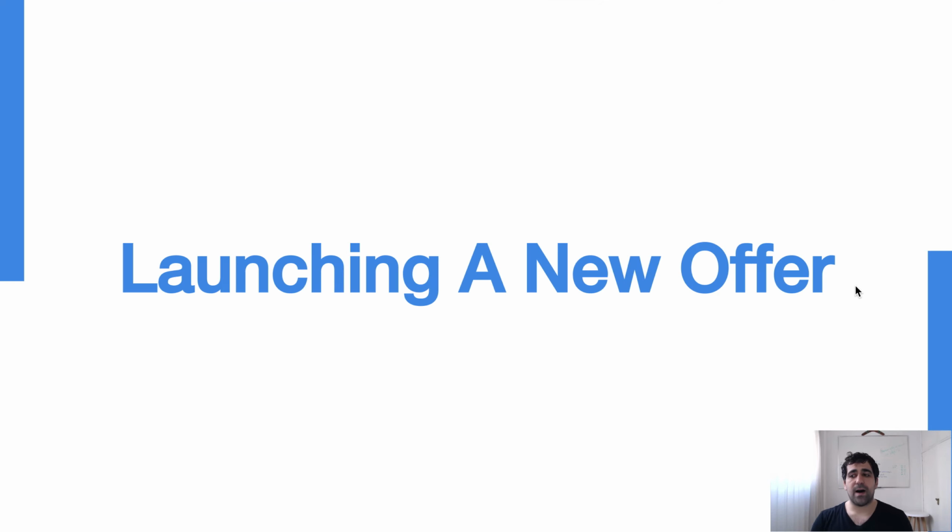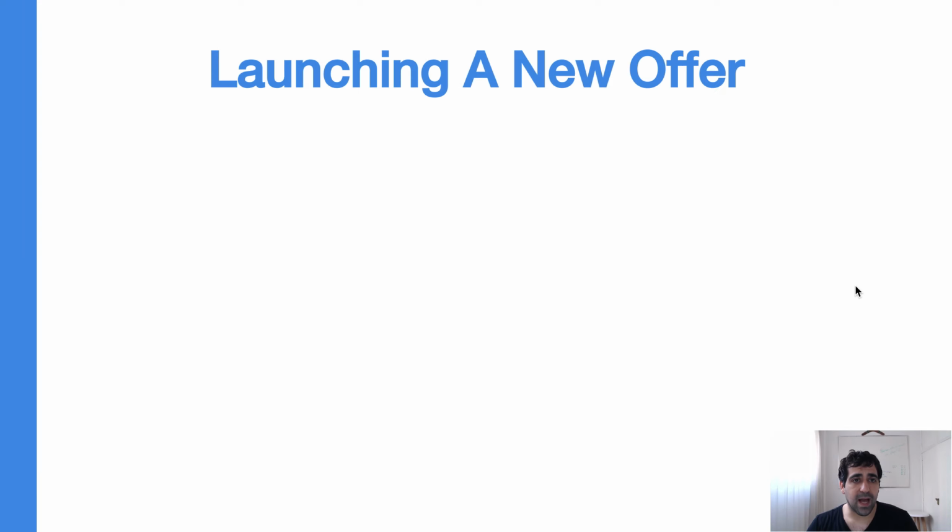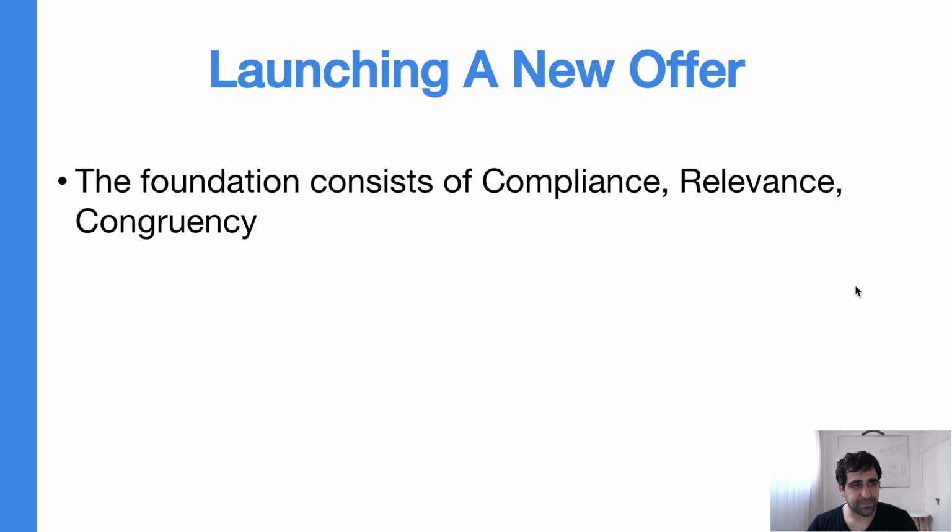Now let's talk about this last section in the beginner section of the Facebook traffic blueprint, which is how to launch a new offer, and some comments on that. First of all, the foundation of launching your offer is having your offer be compliant, relevant, and congruent.